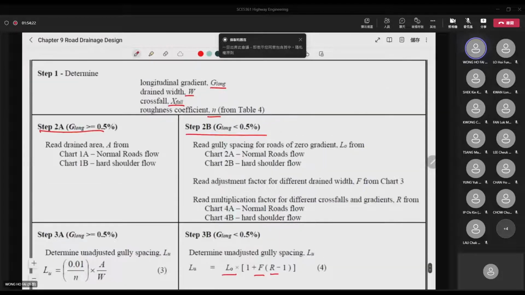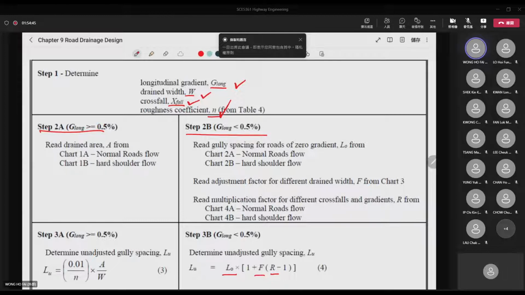Okay, then we will have all the data, and then we can follow this guideline. We have already our longitudinal gradient, and then we have our flow width, and then our crossfall is also given. And then for the roughness coefficient, we have determined, actually it is bituminous very coarse, so it is 0.013, right?